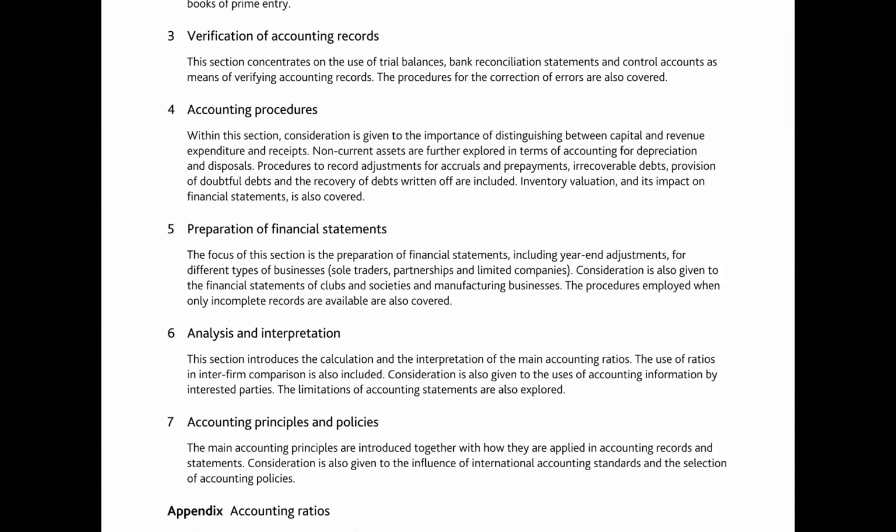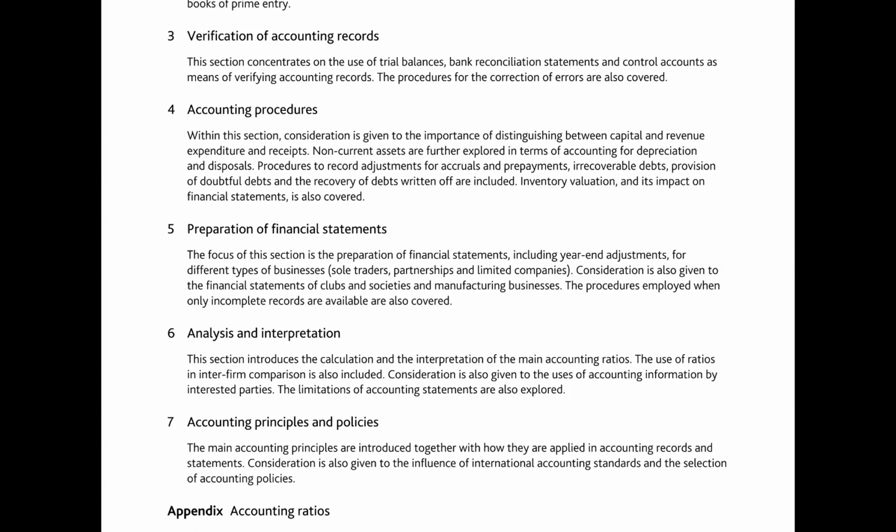Here, you will learn that non-current assets are also called fixed assets. They lose value with the passage of time. That value that they lose is what we call depreciation. So we'll look at the accounting of depreciation and the disposals of these non-current assets. Selling a non-current asset is called disposal.